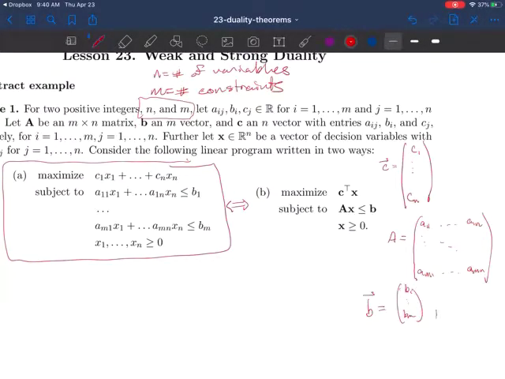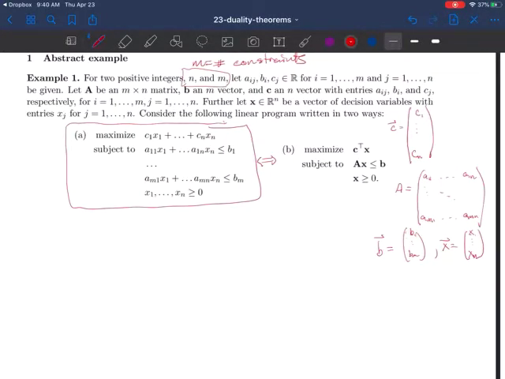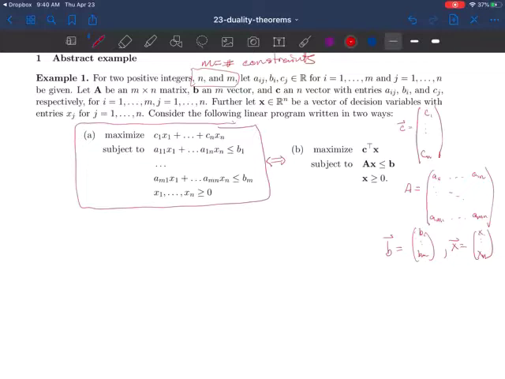And then the b vector is equal to b1 through bm, and the x decision variable vector is equal to x1 down through xn. With that in mind, these are exactly the same. They're just written with a different notation.